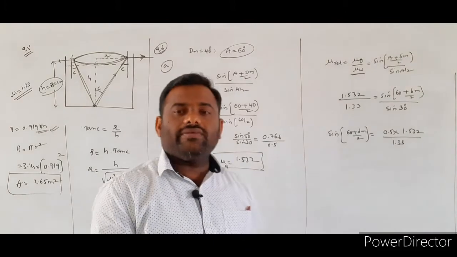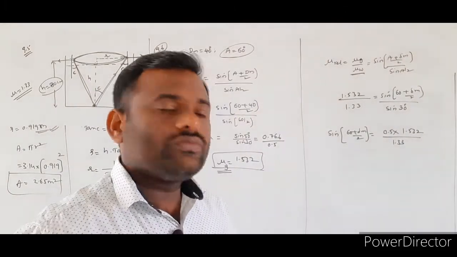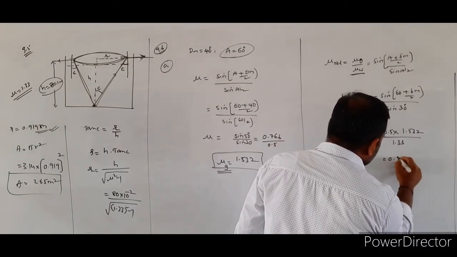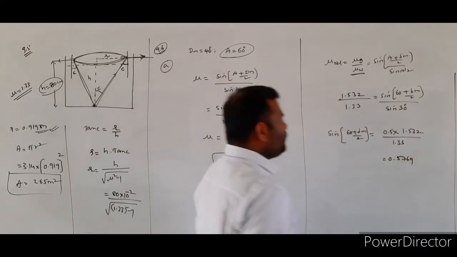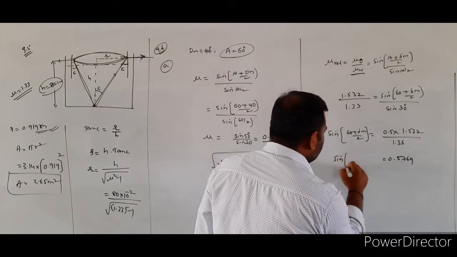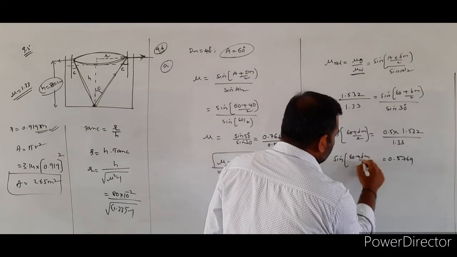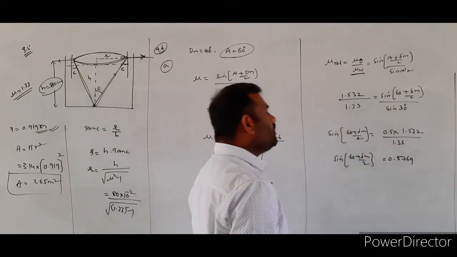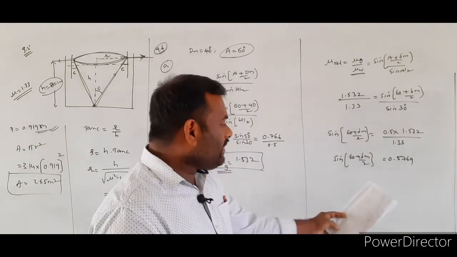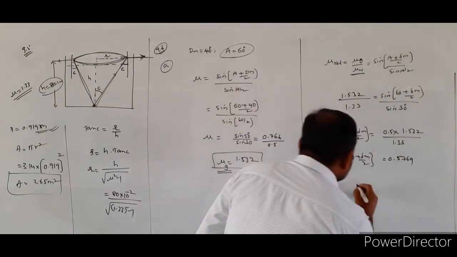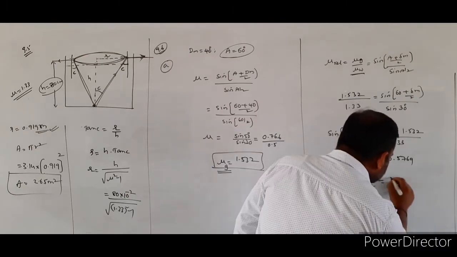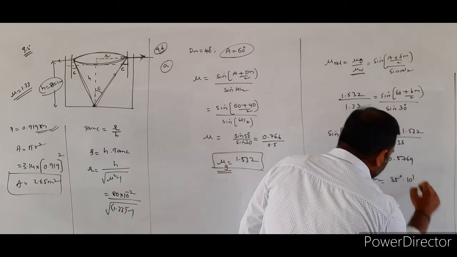If you simplify that value, you will get 0.5769, which is that value, sine of (60 plus delta m by 2) is equal to 0.5769. If you see the sine table, for that value, 60 plus delta m by 2 is equal to 35 degrees 10 minutes.